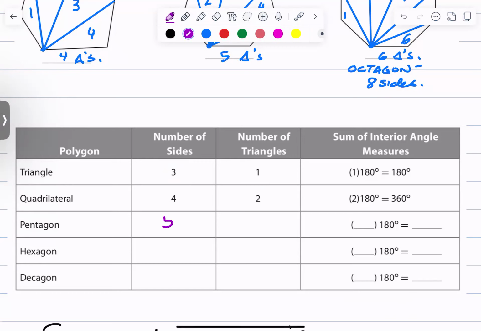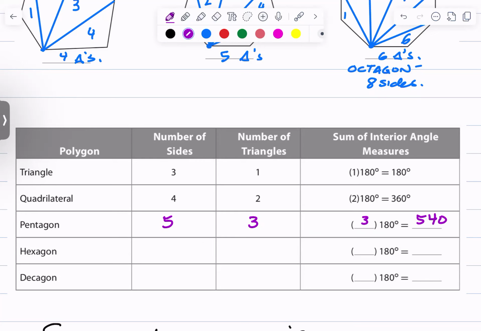Pentagon has 5 sides, and we said that it has 3 triangles. So it's 3 times 180 is, what is 3 times 180? Thank you, Daniel. 540. Yeah.